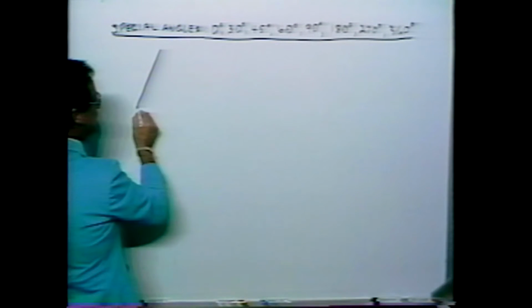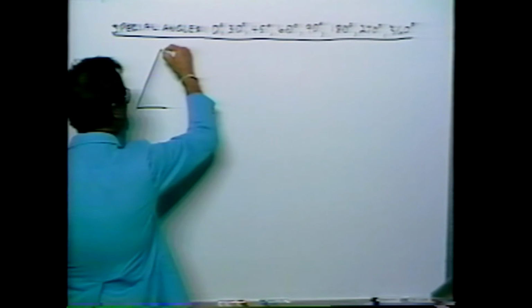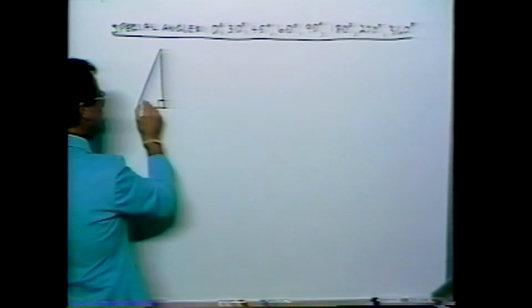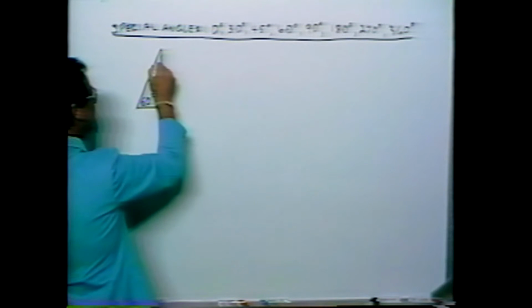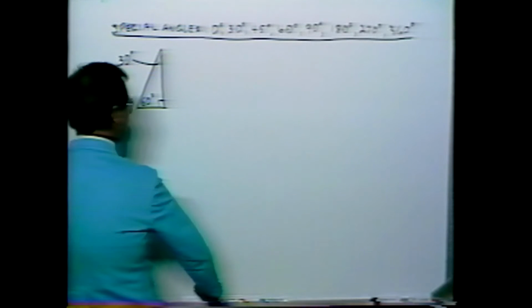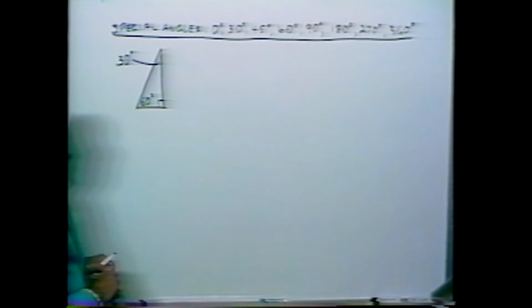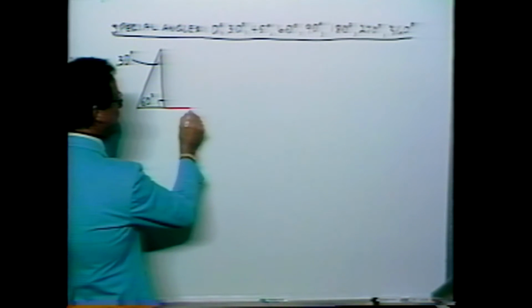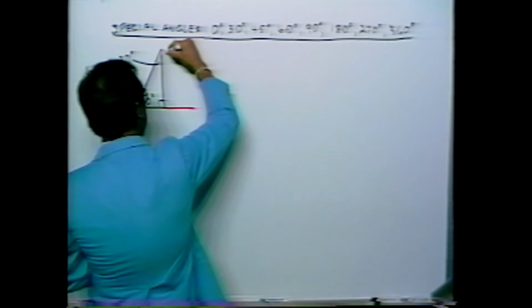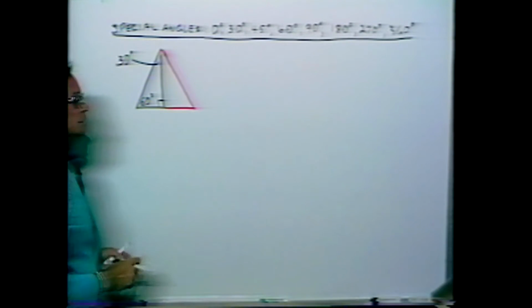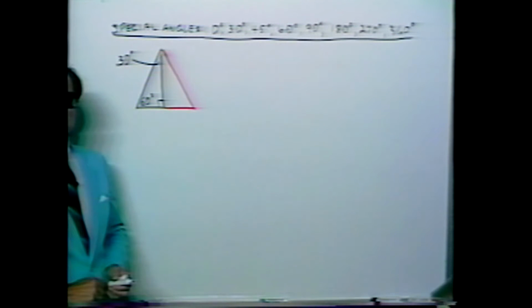A 30, 60, 90 degree triangle is drawn. This is 60 degrees and this is 30 degrees. We look at this triangle and think of it as part of another triangle, which I will now complete. Where all sides are equal is an equilateral or equiangular triangle.